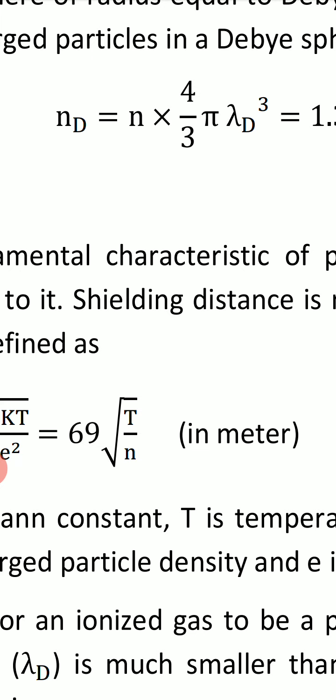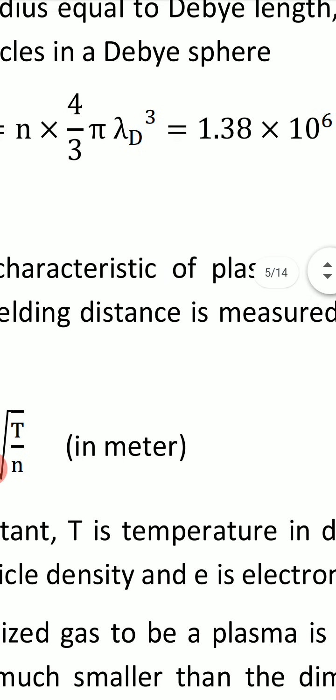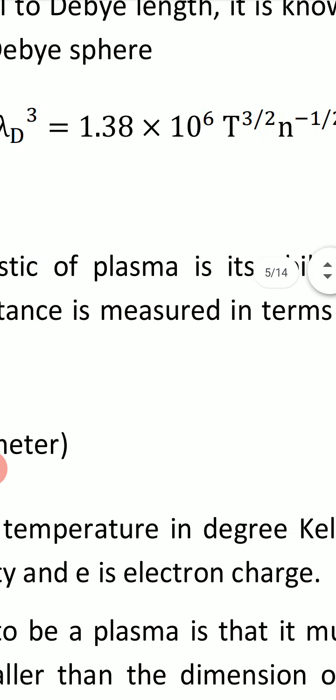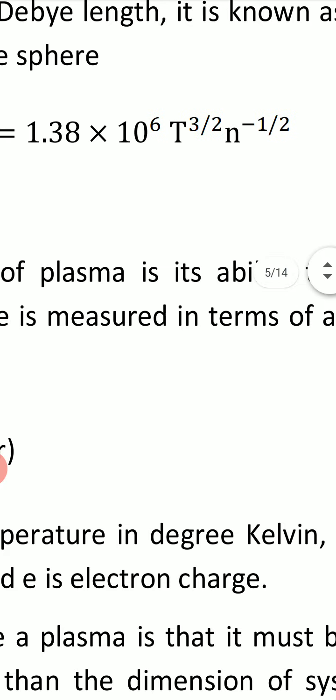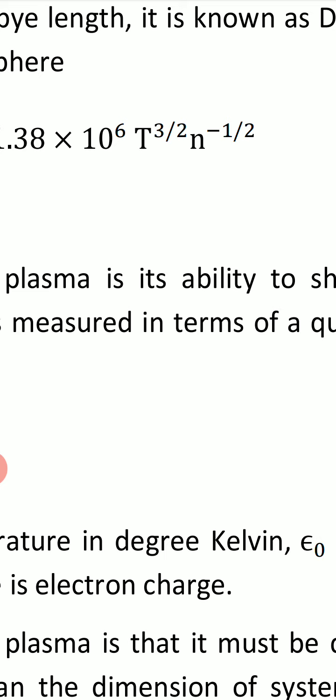And if we multiply it by small n, that is charged particle density, number of charged particles per unit volume, then n multiplied by this volume 4 by 3 pi lambda d cube gives the number of charged particles in this Debye sphere. If we put the value of lambda d, this comes equal to 1.38 into 10 to the power 6 T to the power 3 by 2 and n to the power minus half.